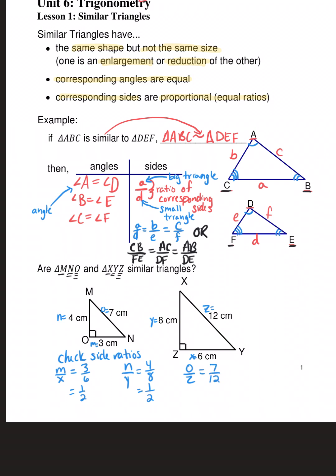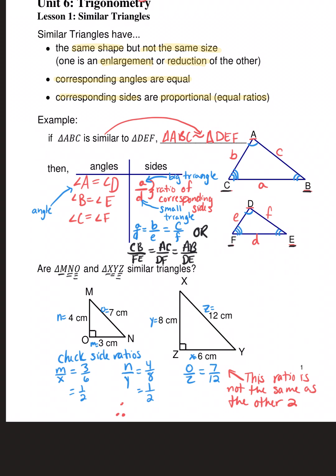Now 7 over 12 doesn't reduce to 1/2. So the ratio is not the same as the other two. So let's just say this ratio is not the same as the other two.